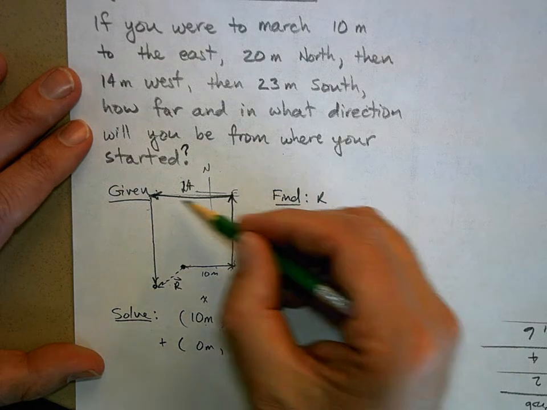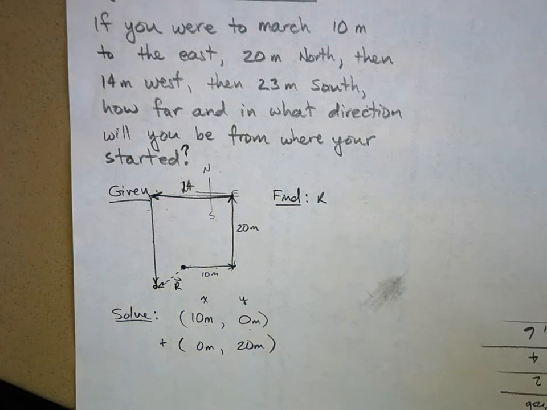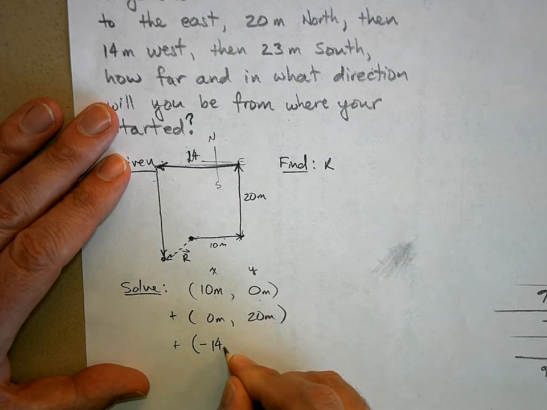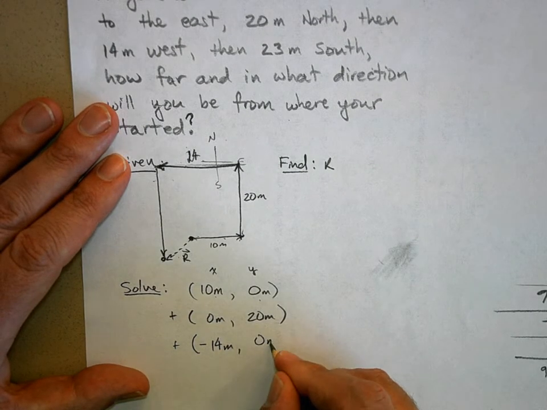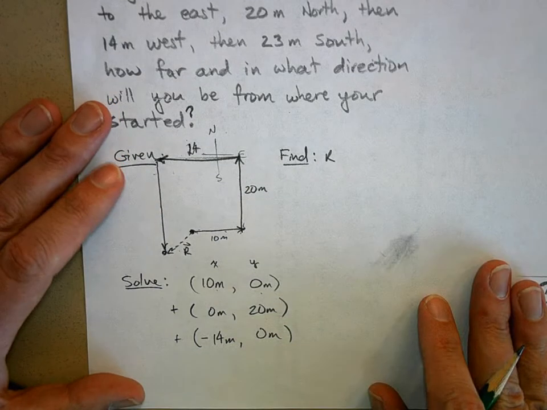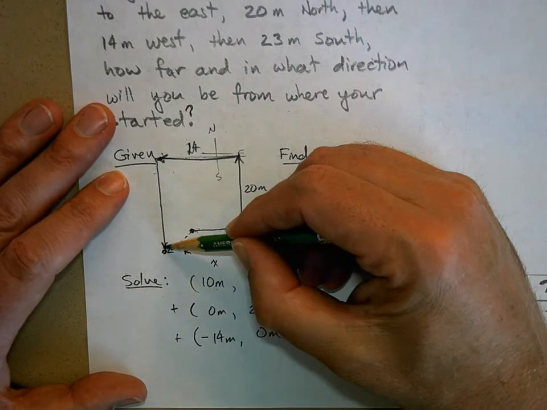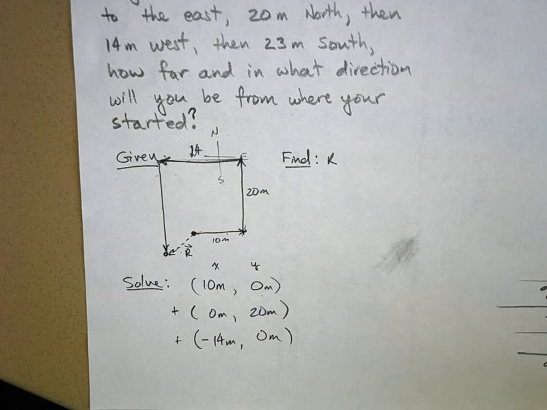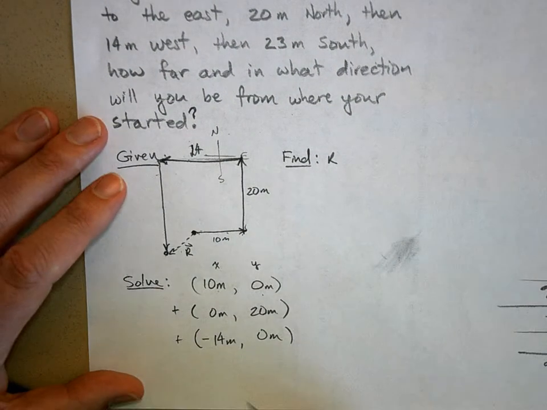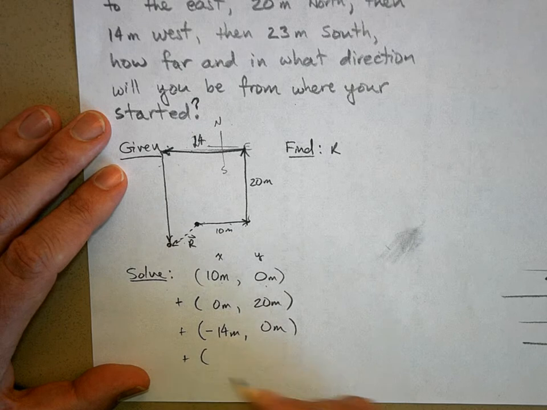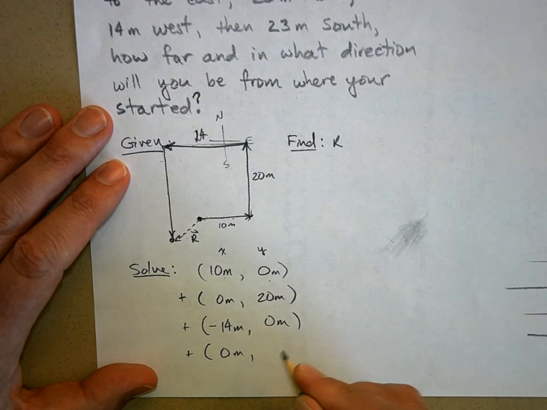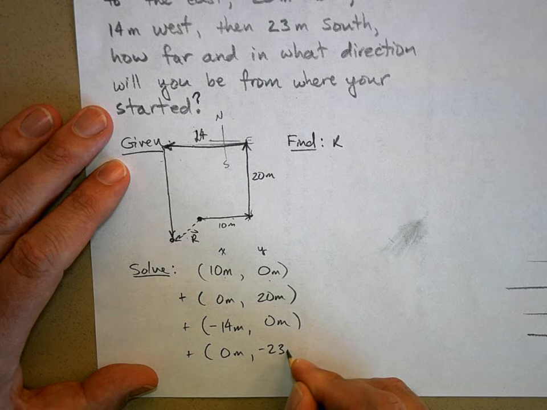And then here we have 14 meters. But what direction is it in? Negative x, right? So we're going to add to that negative 14 meters, but it didn't go anywhere in the y direction. And then, of course, from here to here, we've got 23 meters south. So what direction is that in? Negative y. So this is going to be 0 meters and negative 23 meters.